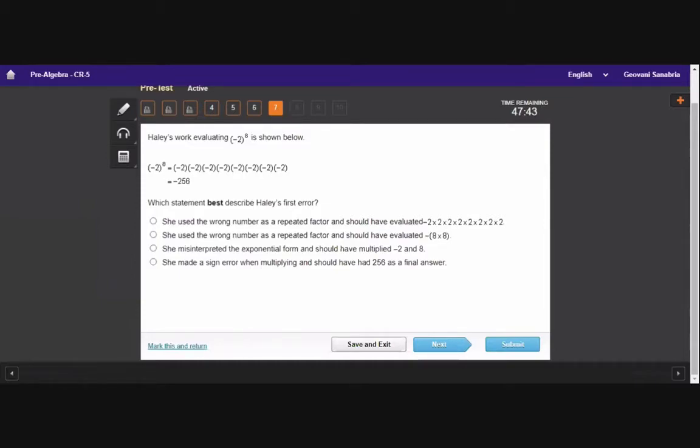Haley's work. Okay, this is important because it has a negative in there. -2 to the 8th. There's parentheses around the -2. So that means -2 times -2 times -2 times -2, 8 times. Which statement best describes Haley's first error? How many times did she write it? 1, 2, 3, 4, 5, 6, 7, 8.